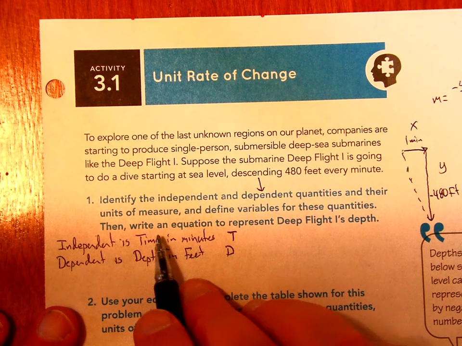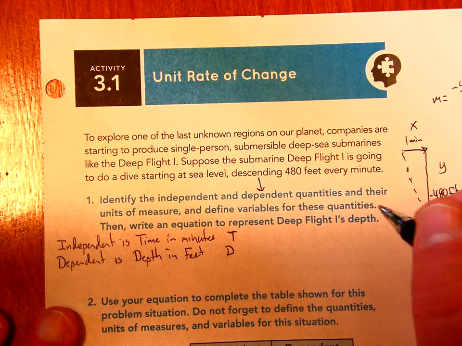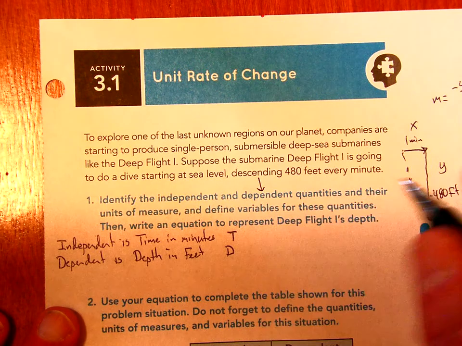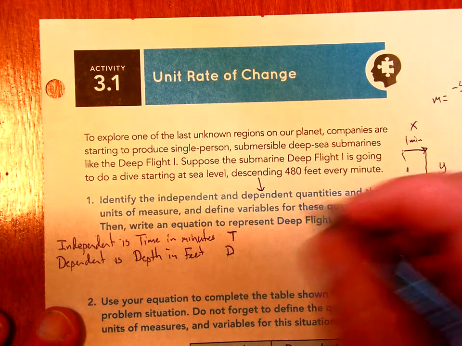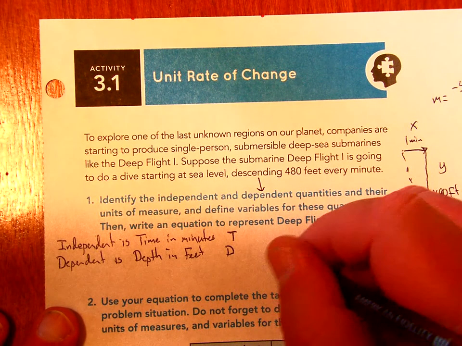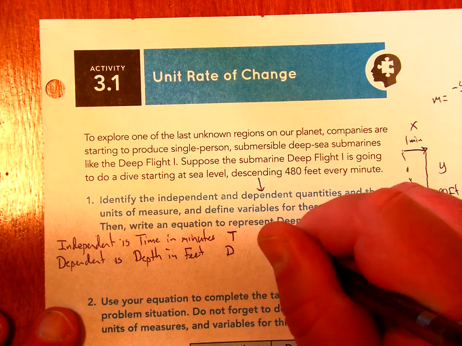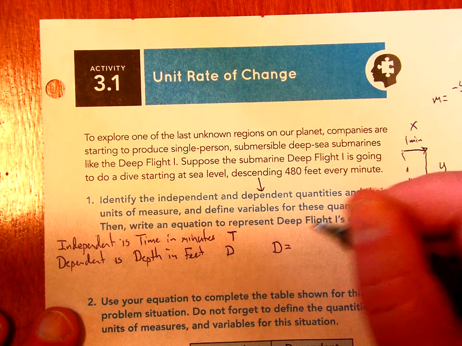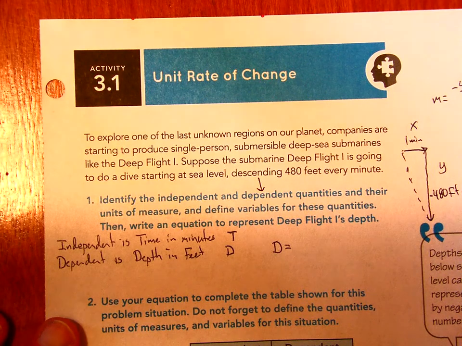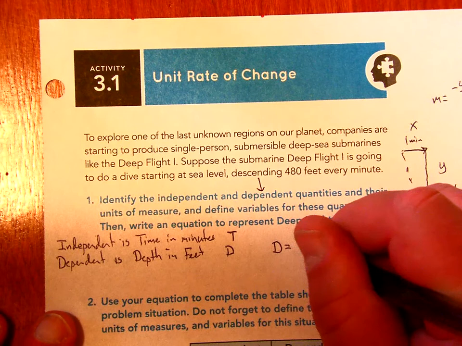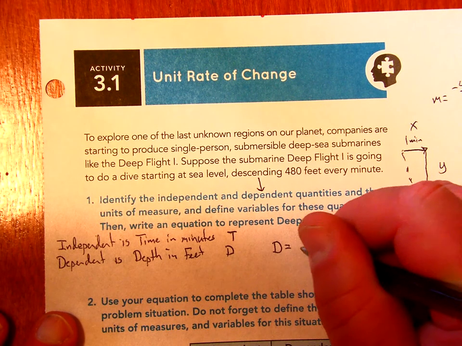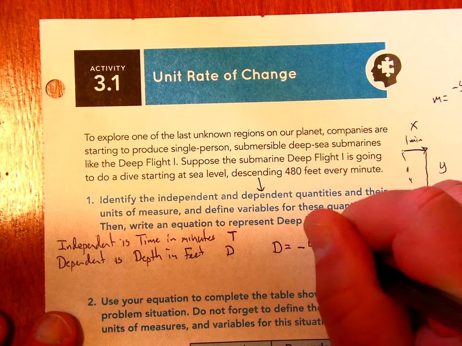Oh, and then we need to write an equation for this. Well, depth equals, and how fast is this thing going down? It's going down at a rate of negative 480 feet per unit of time, per minute.